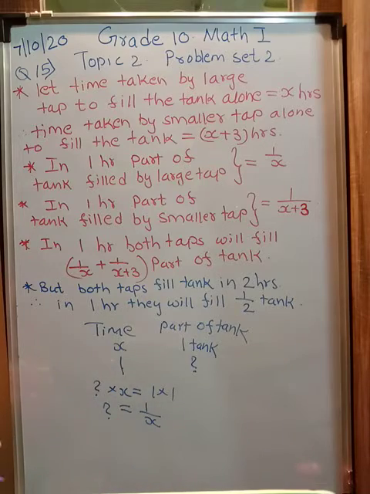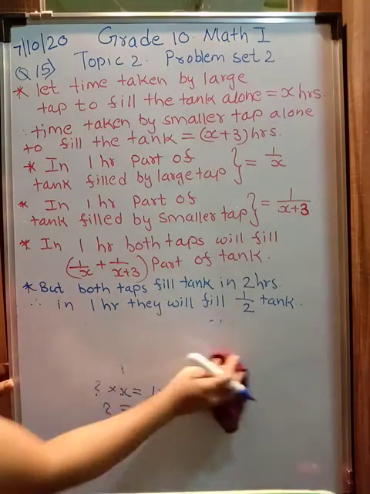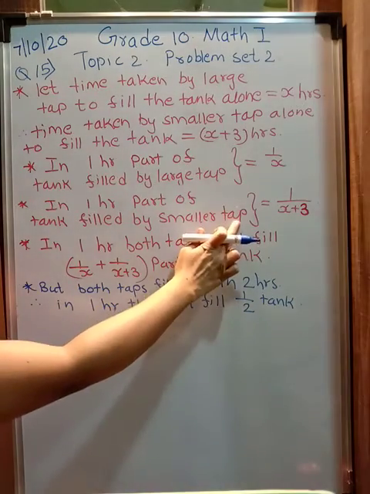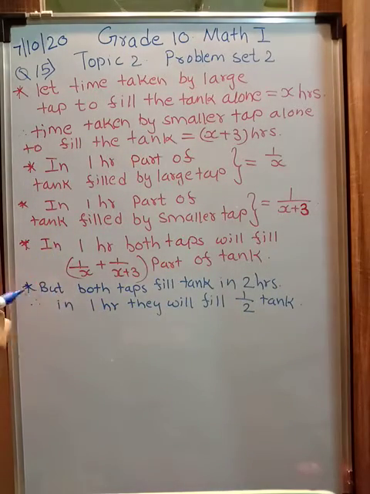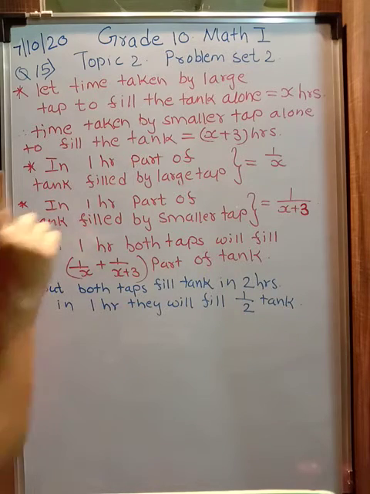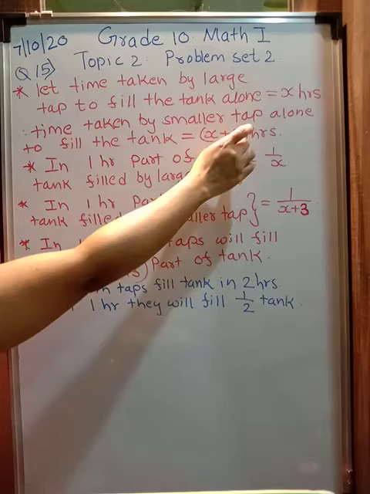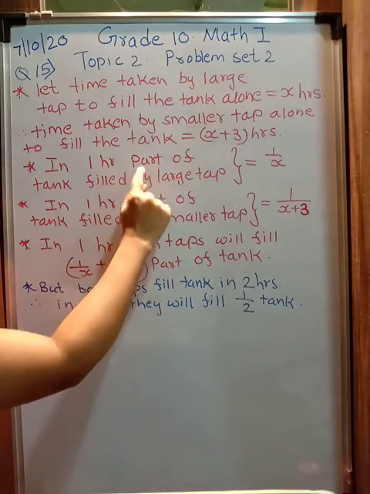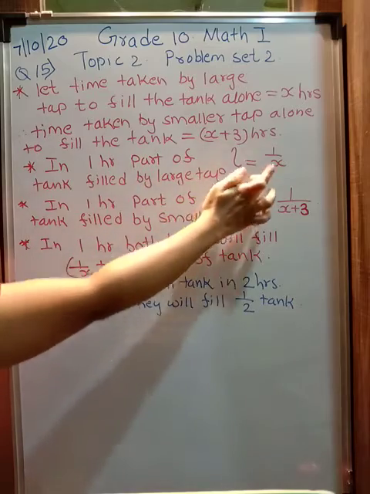Okay. Now once this is clear, the remaining part of the problem is very easy. Just see, we are up till here now. In 1 hour, both the taps will fill how much part? See, larger tap is taking x hours, so in 1 hour the part of the tank filled by the larger tap is 1 upon x.